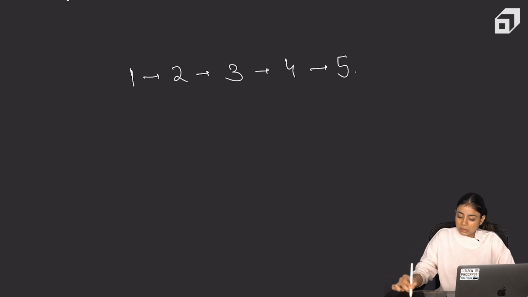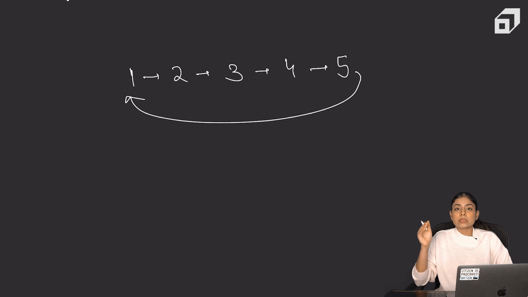In order to divide the circular linked list into 2 halves, we need to know what is half of the list, and for knowing the half, we need to know the middle point of my linked list, right? Now if you remember, we did discuss how to find the middle point of a linked list.